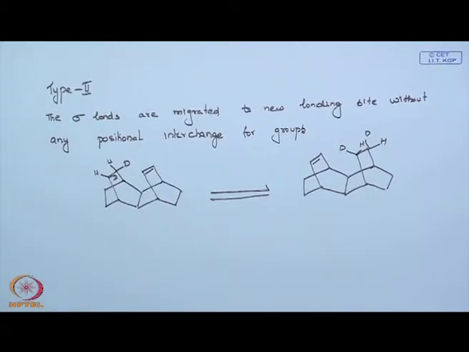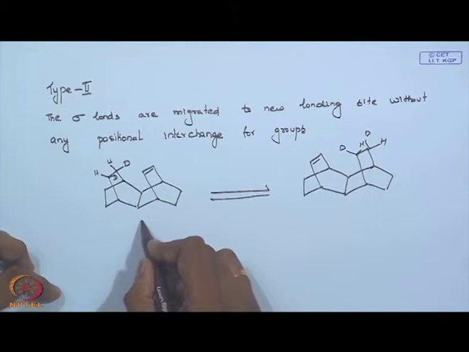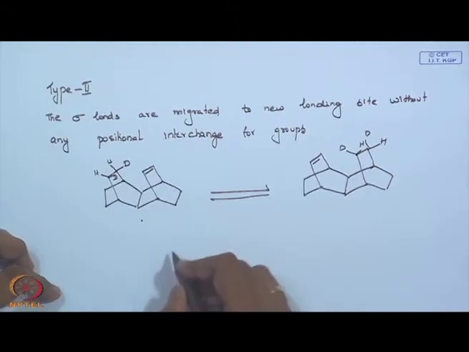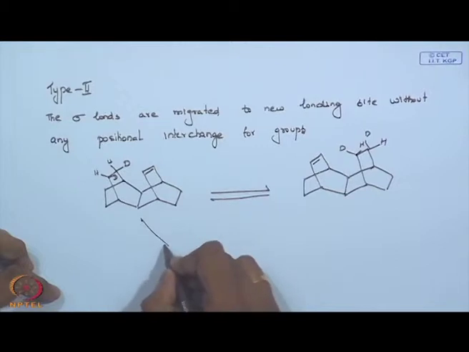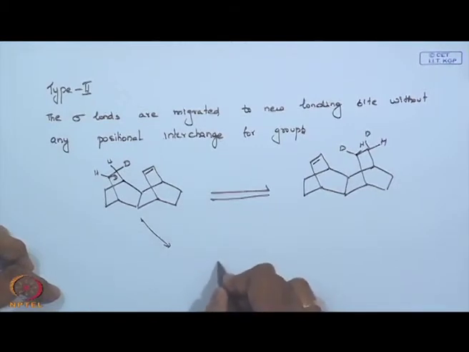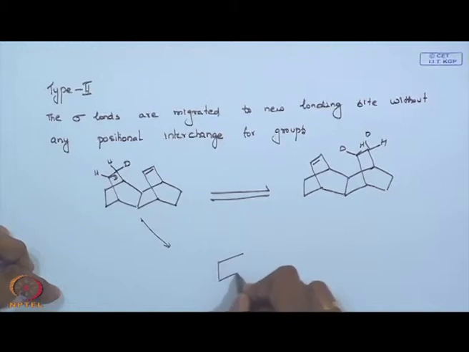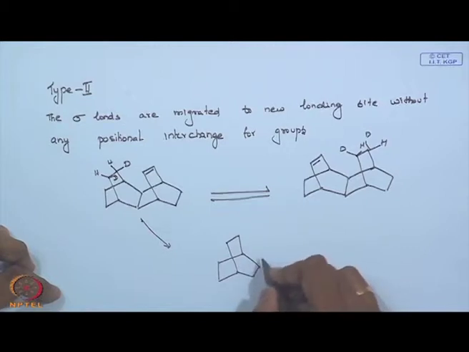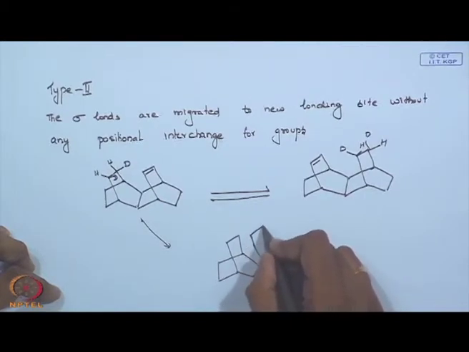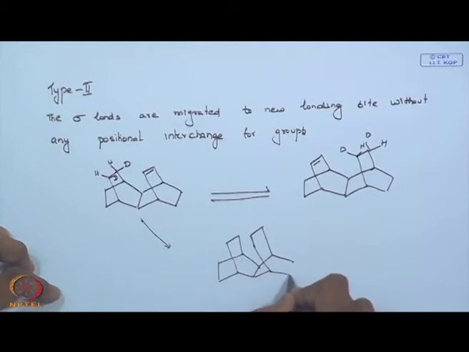How does it happen? Just to understand what the transition state can be. What happens?